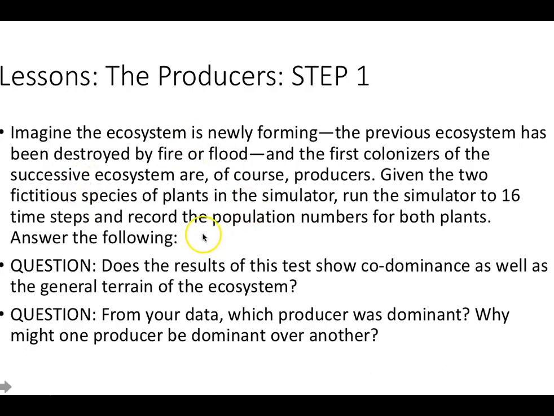So you're going to run it a couple of times, and then the questions you're going to ask for this section is, does the result of the test show codominance as well as the general terrain of the ecosystem, because it has to grow in soil? And then the second question from your data, which producer was dominant? Was it plant A? Was it plant B? And you're going to hypothesize. It's not a right or wrong answer, but why might one producer be dominant over another?